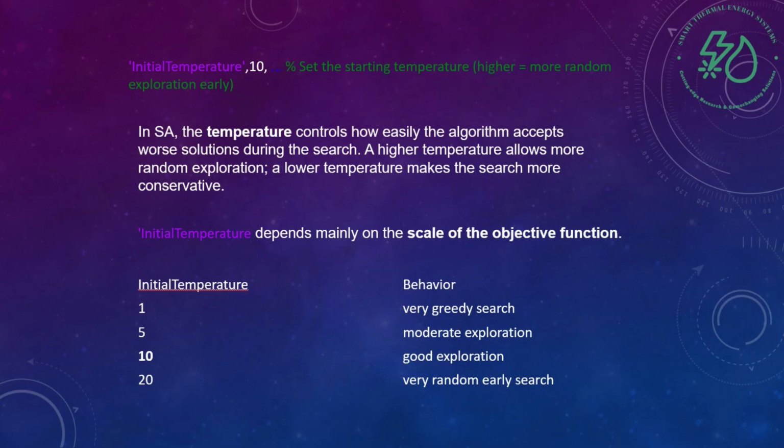So 5 would be a kind of moderate exploration number for that algorithm. And then we can expect that one is a very greedy search number when we adjust the initial temperature option of the SA algorithm.